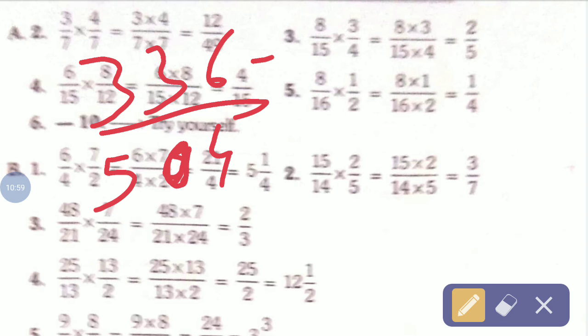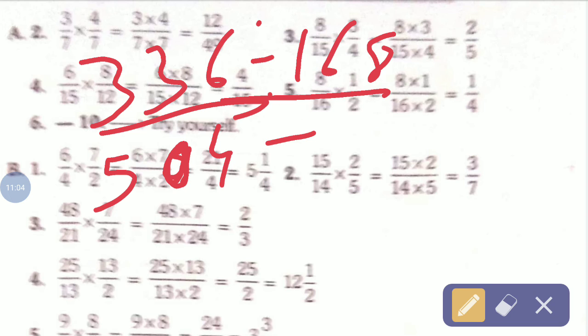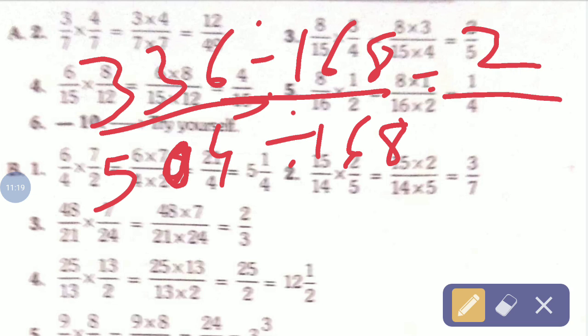Divide by 168. You will get 336 divided by 168, the answer 2, and 504 divided by 168, the answer 3. So your answer is 2 upon 3.